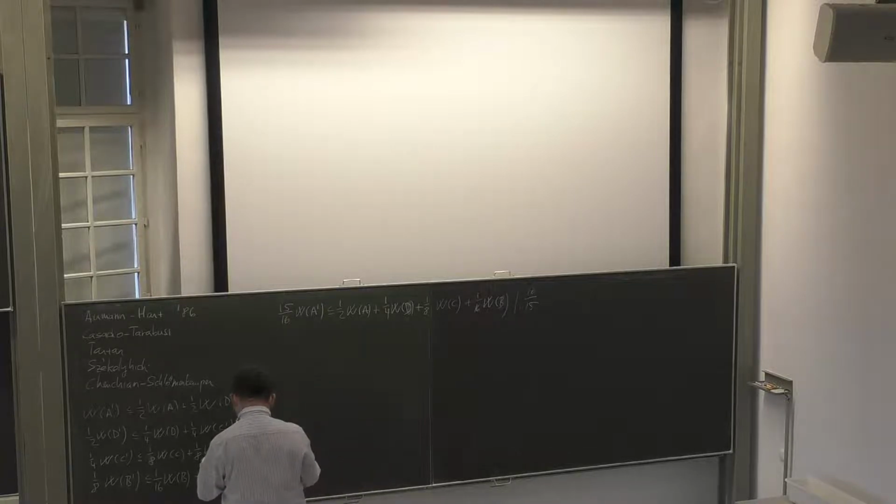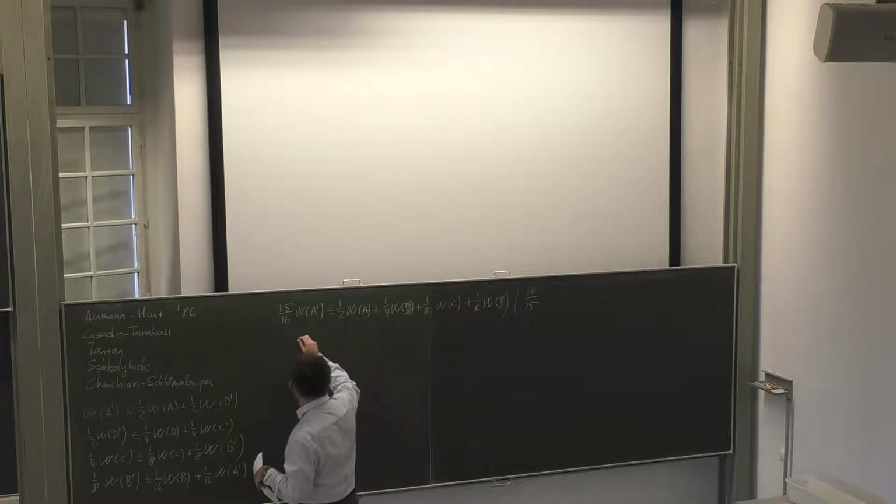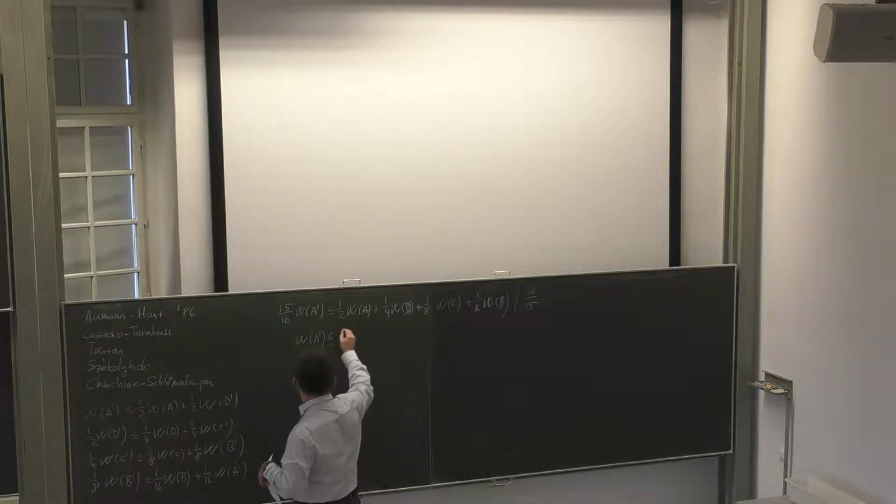And that's it. So then you get some coefficients which are a bit better. But you can imagine that you get W of A prime is more or equal than something, and now, I mean, it's times 16, so it's 8 over 15.